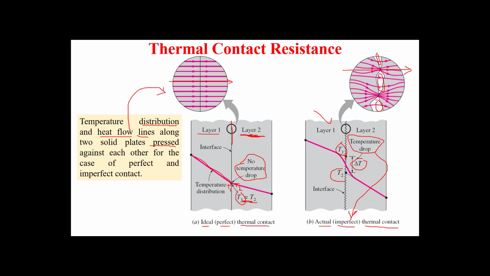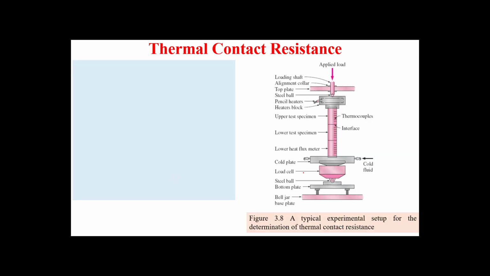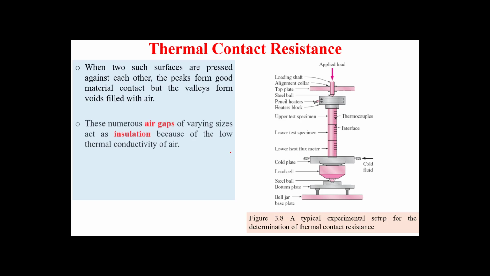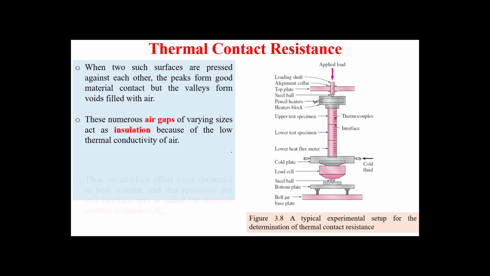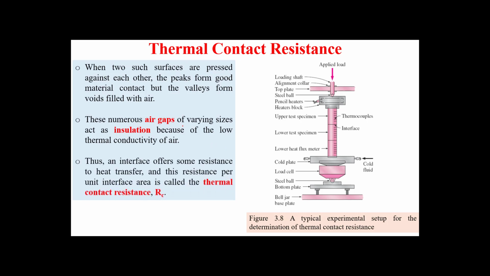This is what happens when we have two layers and press them against each other. For the case of perfect and imperfect contact, here is an example of both. Here is the mechanism we use to press those two layers against each other.